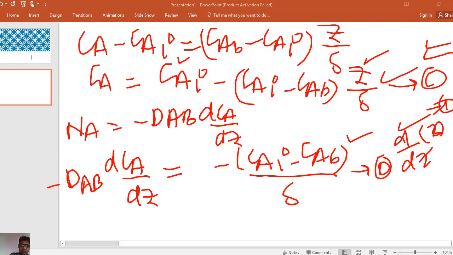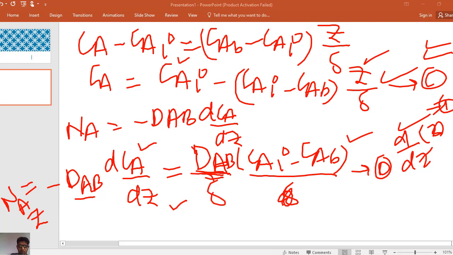Minus and minus cancel, so the flux of A in the Z direction, NAZ, equals minus DAB dCA by dZ, which equals the diffusivity of A in B divided by thickness, times (Cai minus Cab).